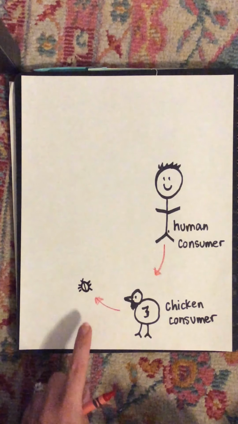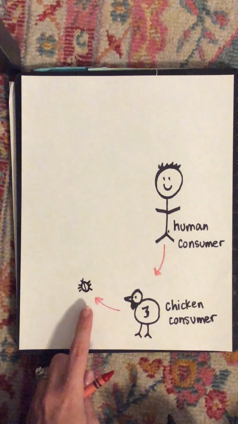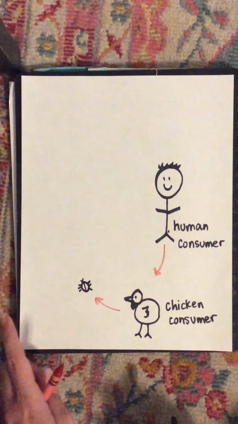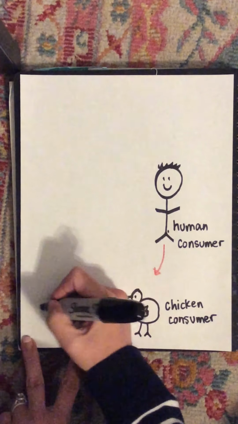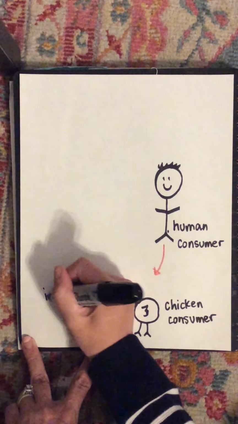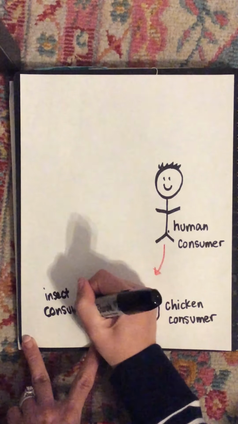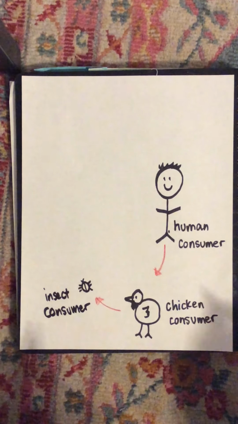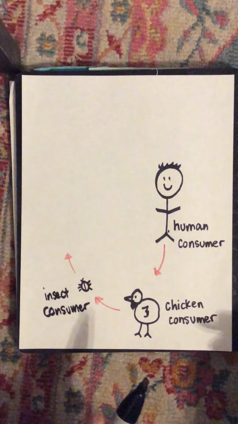Now, in order to label our insect properly, we have to think. Does our insect consume food, or is it able to produce its own food? What do you think? You're right, it's a consumer. Now, what does an insect like to feast on?